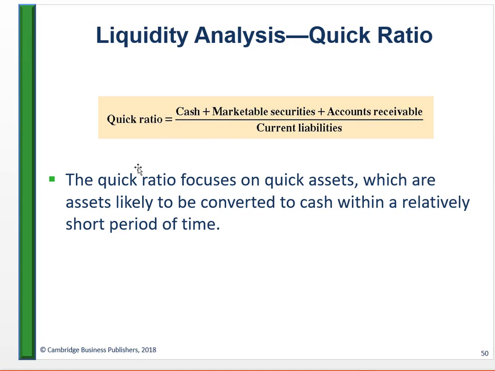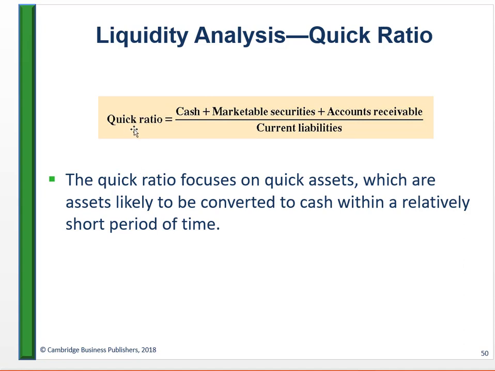So here's another ratio that we're going to look at called the quick ratio, which backs out inventory, because inventory is not always readily convertible into cash. If you have a bunch of inventory, especially if it's been on the shelves for a while, it might be obsolete. Particularly if you're in the fashion and apparel industry, that inventory can decline in value very, very quickly.